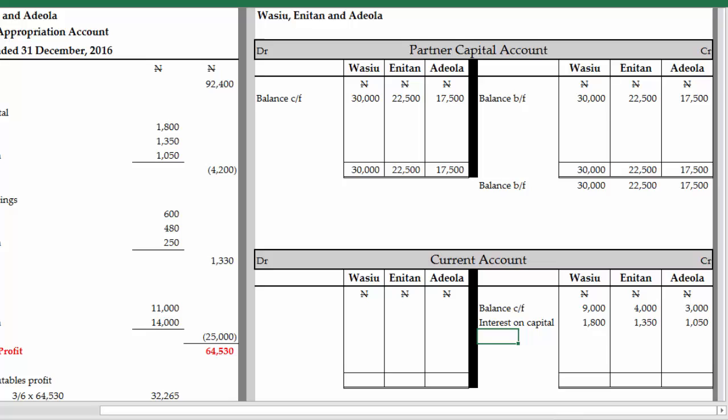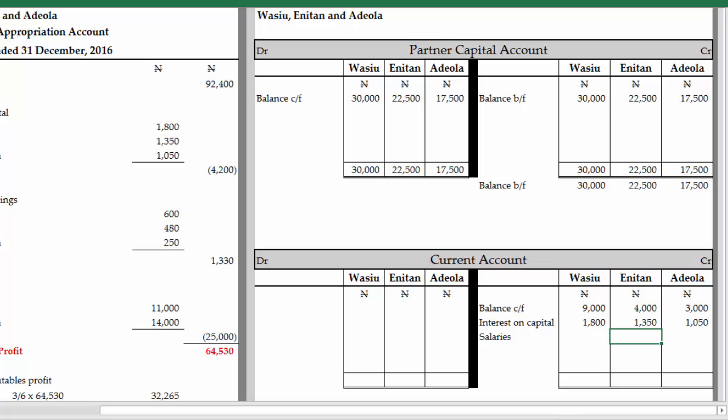Okay. The next is salaries. Salaries was paid to Enitan and Adiola. Now, the reason why it is coming to the current account as a credit is because we are assuming it has not been paid. And when salary has not been paid and it's still owing to the partners, you debit the profit or loss appropriation account, and you credit the current account.